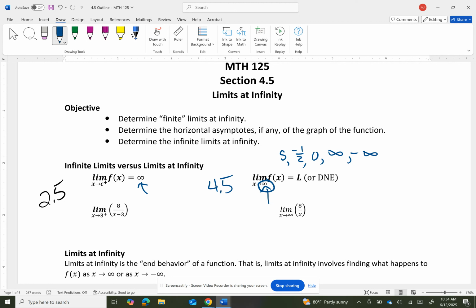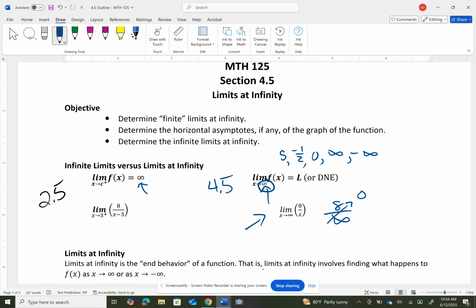We talked briefly about that, but if we look at this example right here and you think about it, 8 over infinity winds up being something that's going to 0.